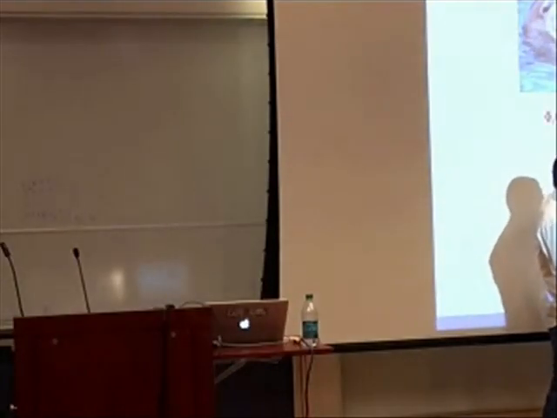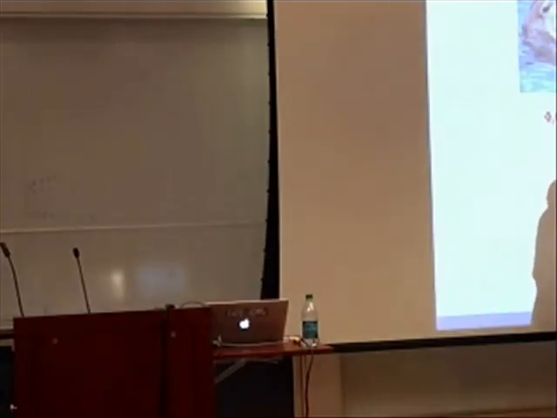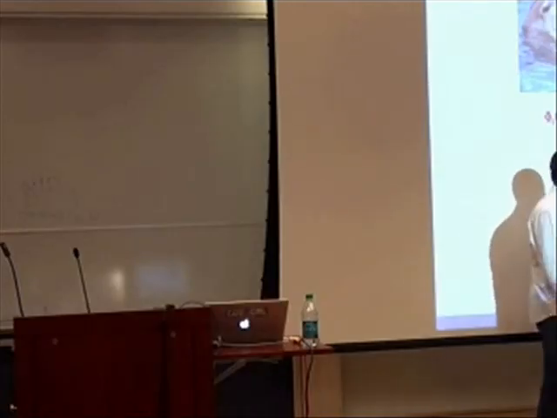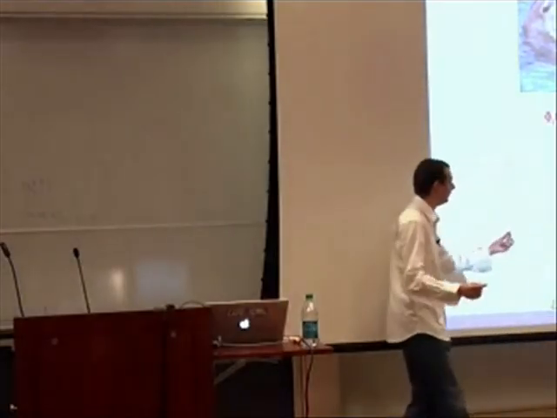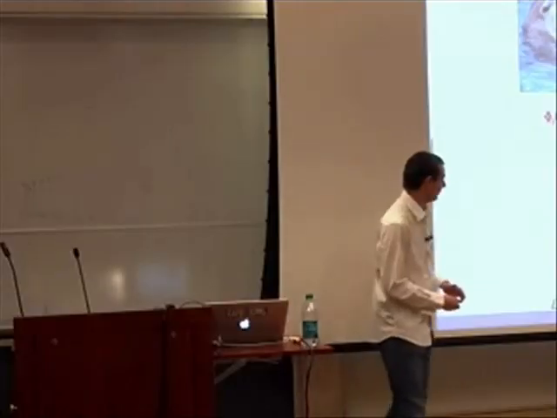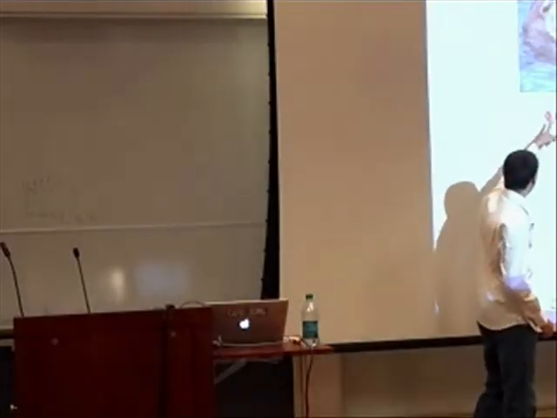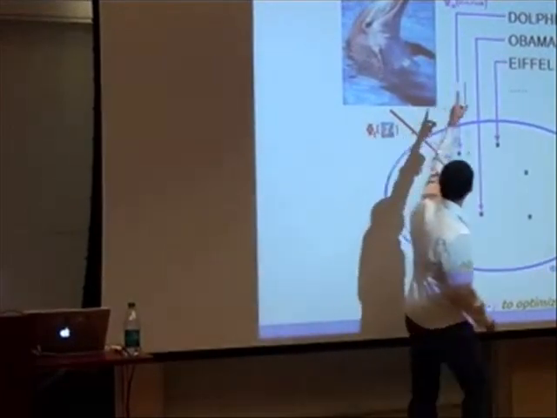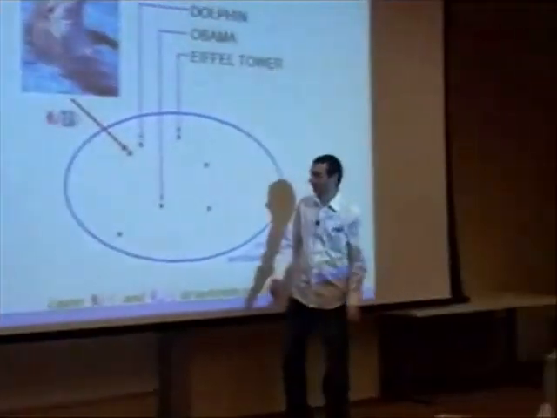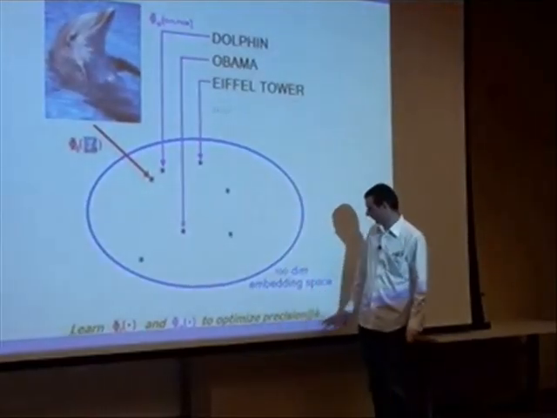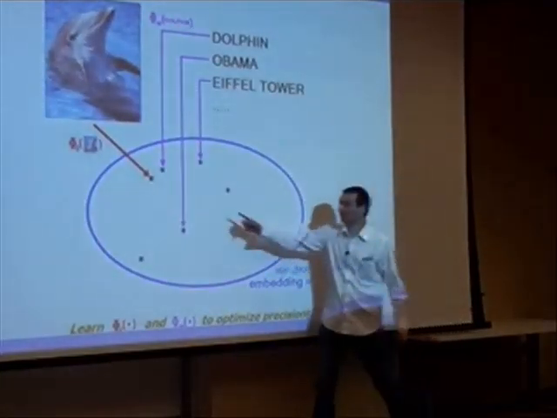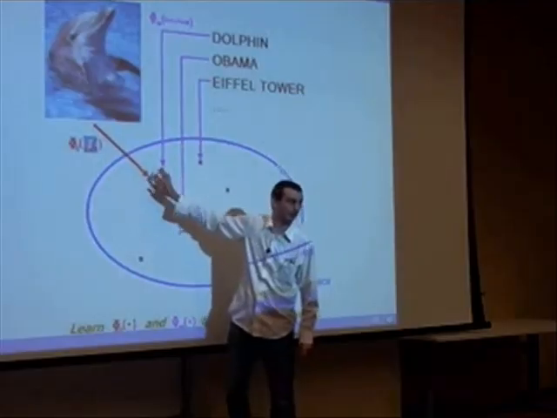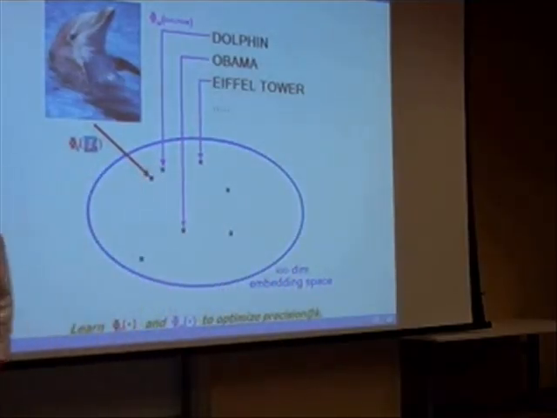All the text annotations also live in this space, and we rank them by how far away they are. We want to learn jointly the mapping that embeds the images and the one that embeds the annotations such that precision at k is optimized, so that the closest k contain the true annotations.